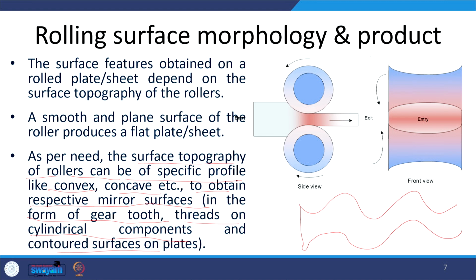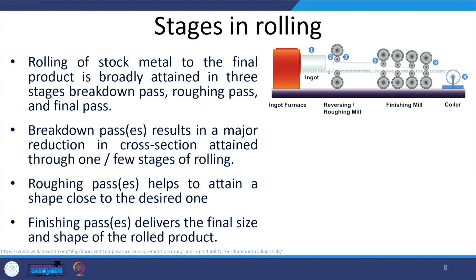So, we can get threads using rollers or we can get gear teeth also using the rolling process. According to the kind of morphology that we want on the surface, the surface topography of the rollers is designed accordingly.